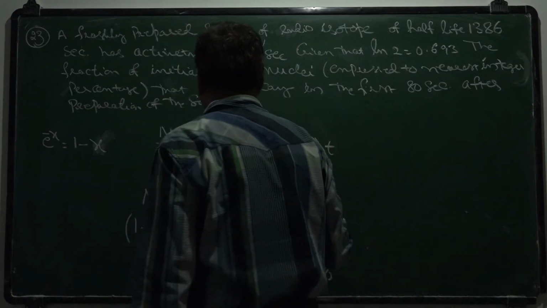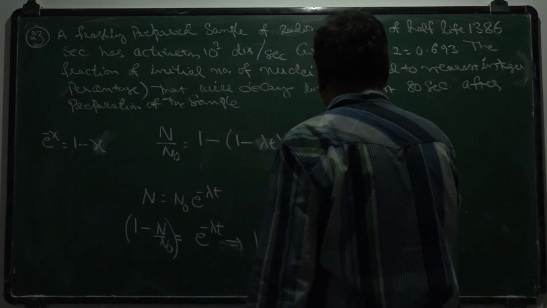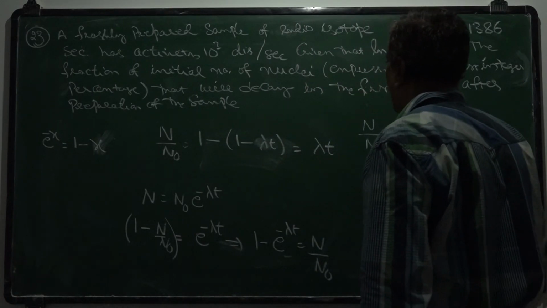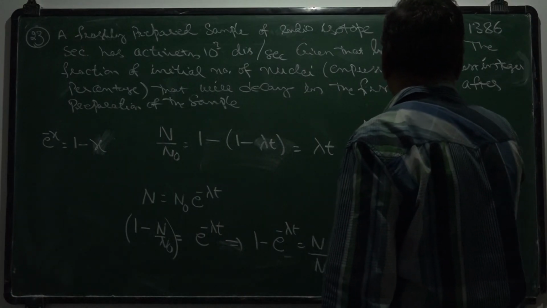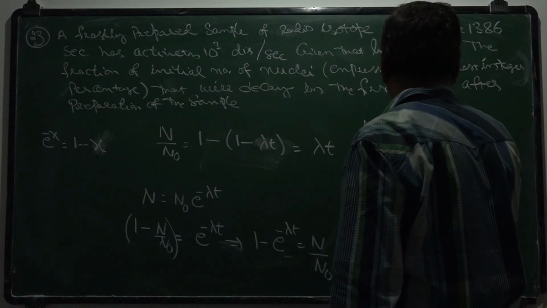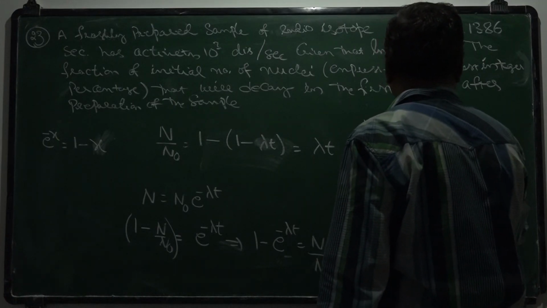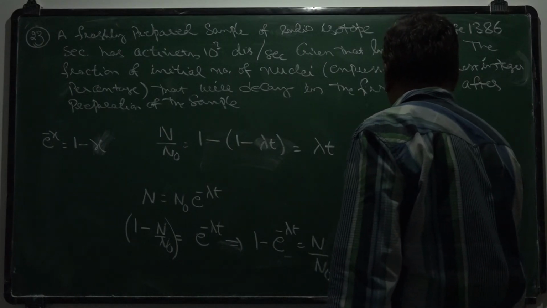Already we have calculated lambda as 5 into 10 to the power minus 4 and t as 80 seconds. That is 40 into 10 to the power minus 3, that is 0.04, that is 4%.